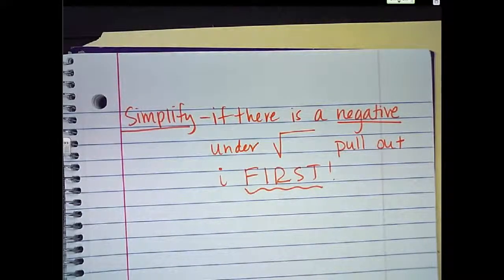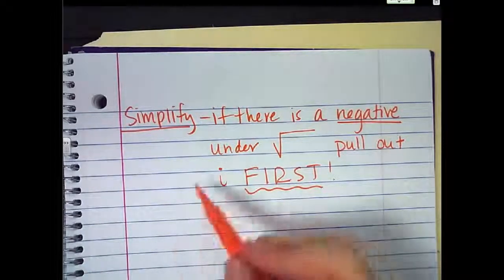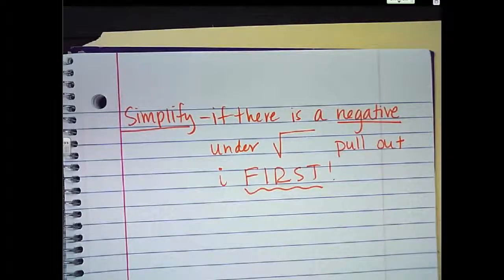So whether you have 3 square roots or you can simplify the square root, you're always going to pull out the i first and then simplify. Whether you're adding or subtracting or multiplying, pull out the i first.